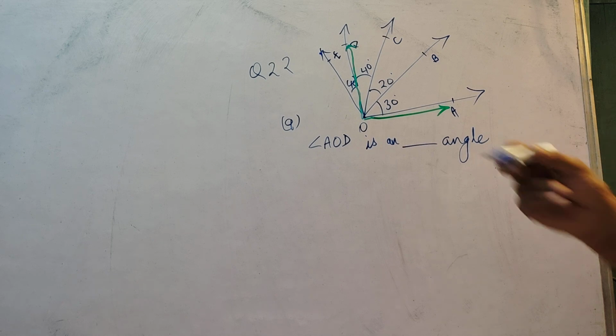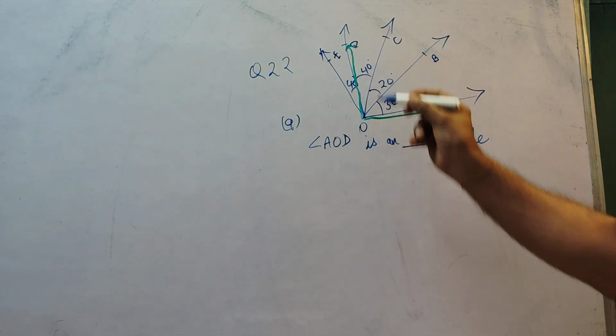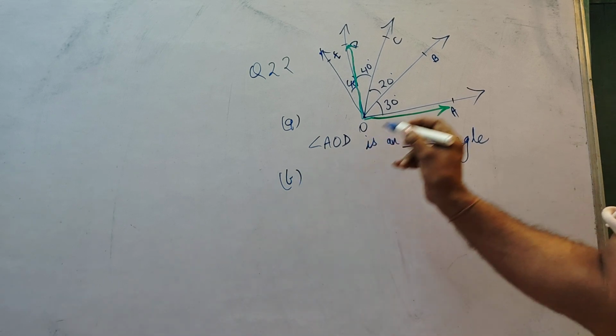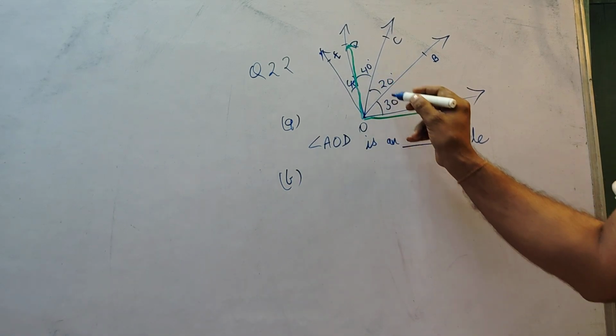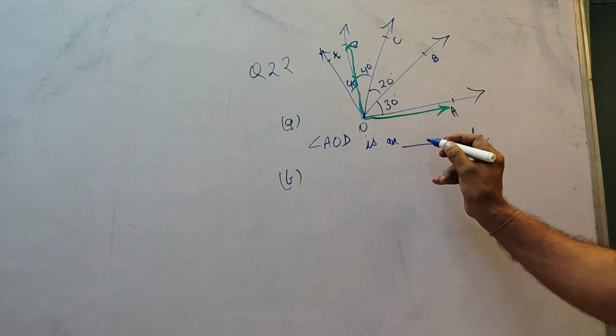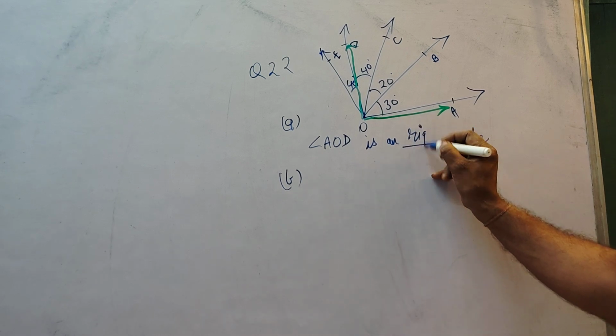So first we find the sum, 20 plus 30 plus 40. This is the right angle. 20 plus 40, 60 plus 30, 90. Yes, this is the right angle. So we fill here right angle.